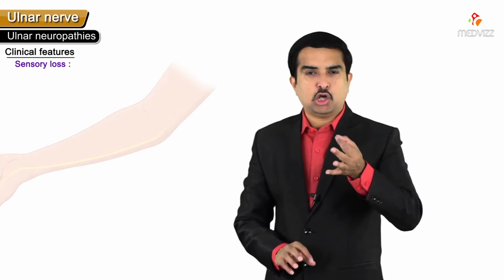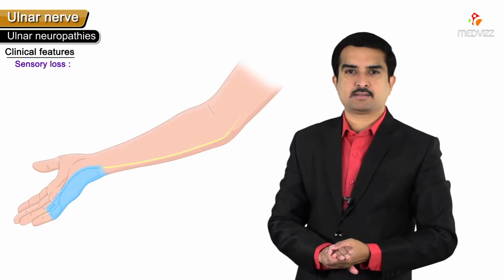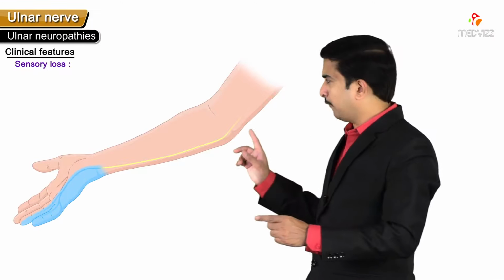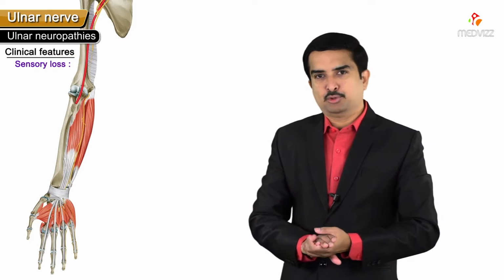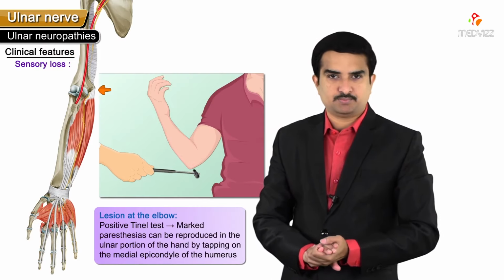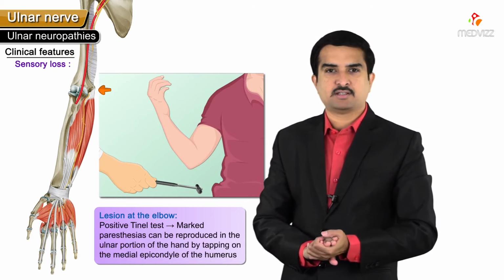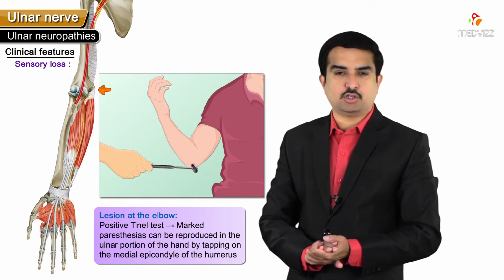Now let us discuss the sensory loss. There will be loss of sensation over the hypothenar eminence and the ulnar one and a half fingers because of its distribution. If there is a lesion at the elbow, there will be a positive Tinel test too. That is also very important from the examination point of view as well as to identify ulnar neuropathy.